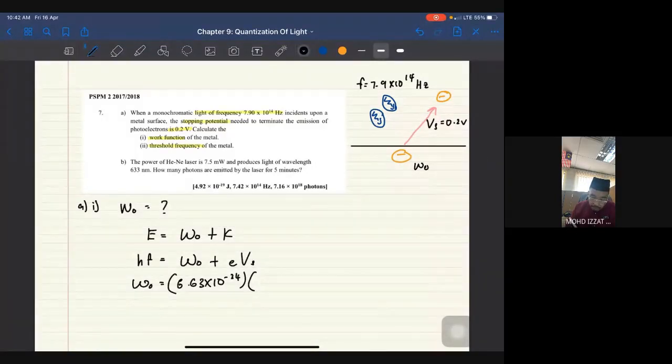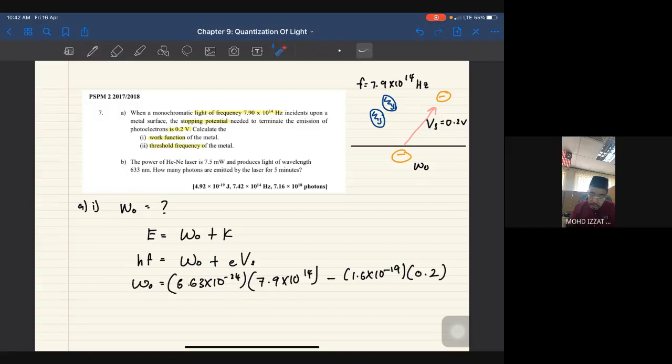The frequency is 7.9, minus eVs. So the e is 1.6 times 10 to the power of negative 19. The value that they give you is the Vs, which is 0.2.